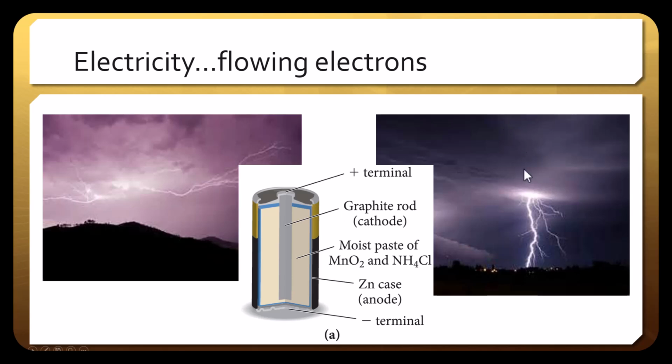If there's a large enough difference between those two, it creates a little channel for the electrons to transfer from the negative charge. It acts like a conductive wire, neutralizing that difference in charge.